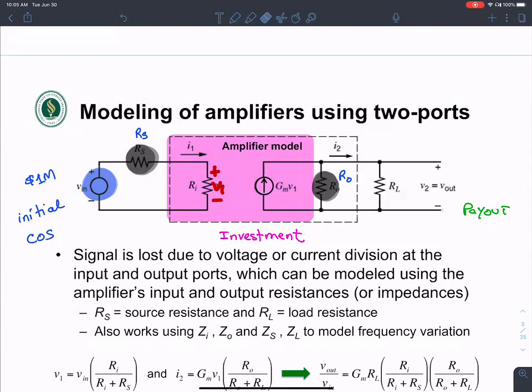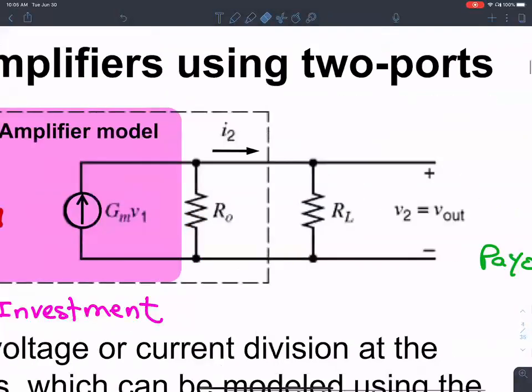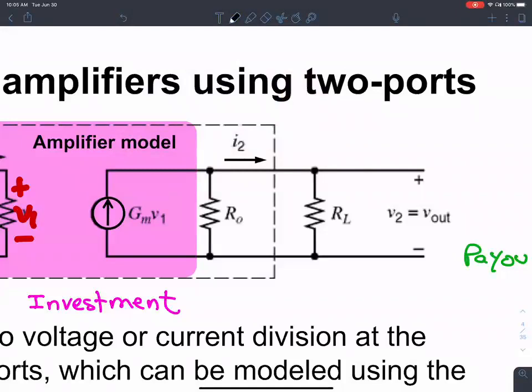Let's look at a little theory here. Take a look at the current that is flowing here, the current I that is of interest to me. This is what has been amplified.